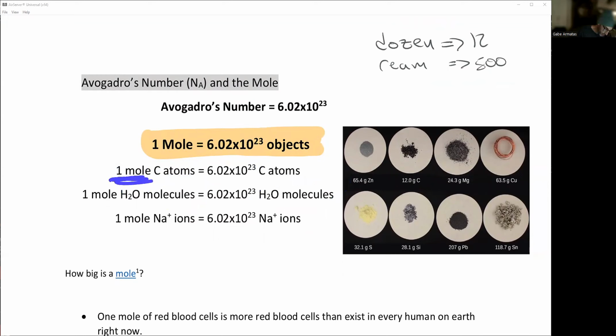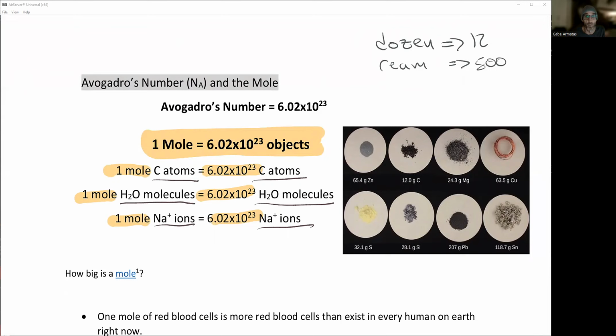Again, the mole is referring to this number. So notice that 1 mole is referring to this number, and then with that we have molecules, atoms, ions. Doesn't really matter. By saying 1 mole, you're giving me a total number of objects, right?